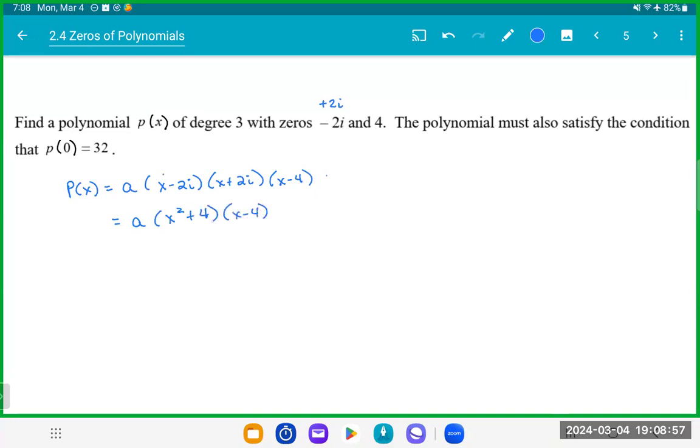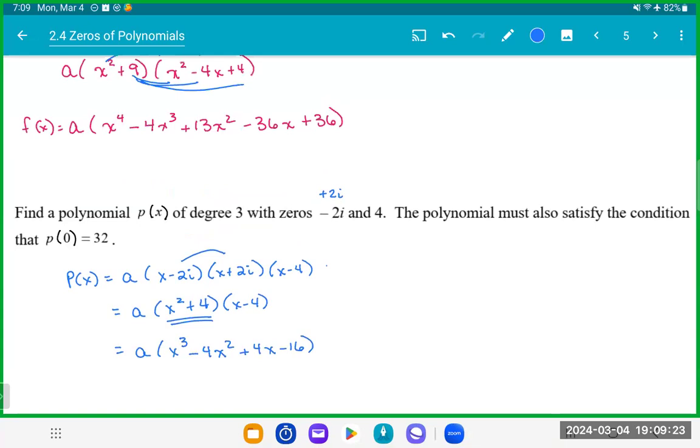That was really just by combining the first two terms here. Multiplying those gives us x squared plus 4. Now we'll multiply all those out and we end up with a times x cubed minus 4x squared plus 4x minus 16.